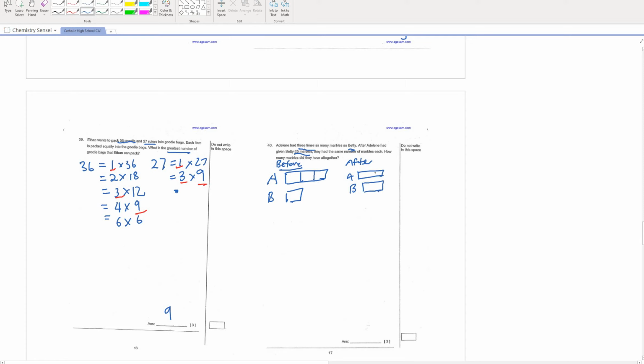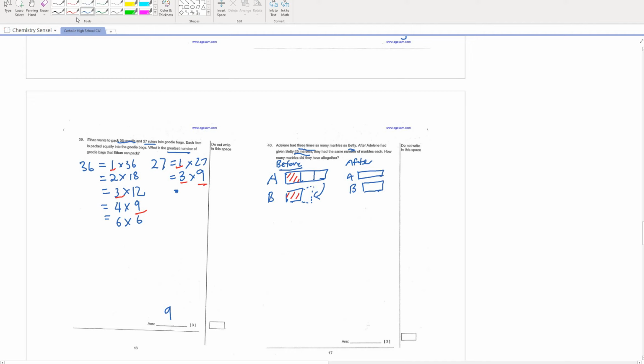From the first diagram, we know that this portion here is the same as this portion. So when Adeline transfers a certain amount, they will have the same. From this diagram you can conclude that when Adeline gives one box, 1 unit worth of marbles, to Betty, then they will have the same number of marbles.